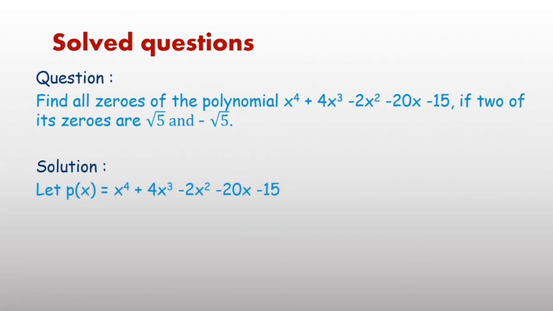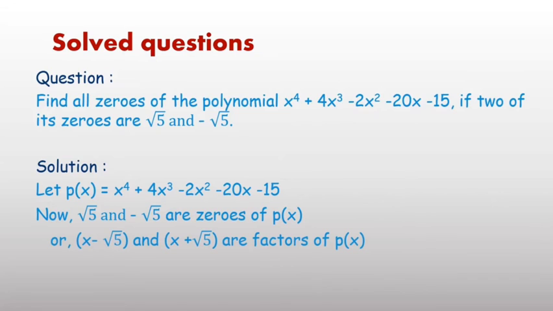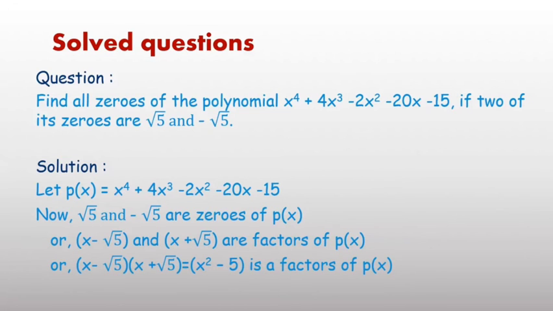Step first, note down p(x). Since 2 zeros are given, write down root 5 and minus root 5 are zeros of p(x), or x minus root 5 and x plus root 5 are factors of p(x), or the product of these two, x square minus 5, is a factor of p(x).